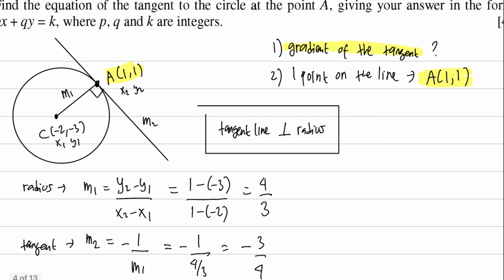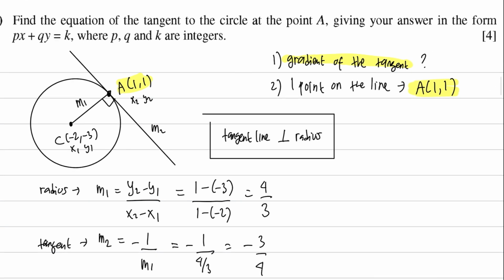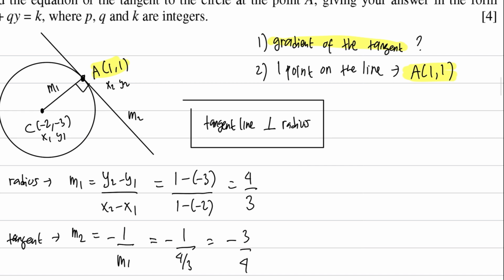Now, to find the equation of the line, we have the gradient of our tangent, and we have one point on the line. So you just apply the formula of the equation of the line. So the equation of the tangent will be y minus y1 equals m in the bracket x minus x1.